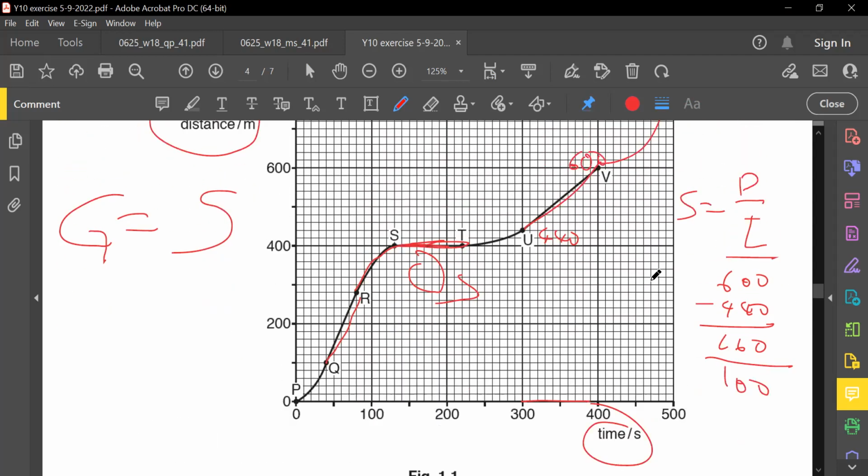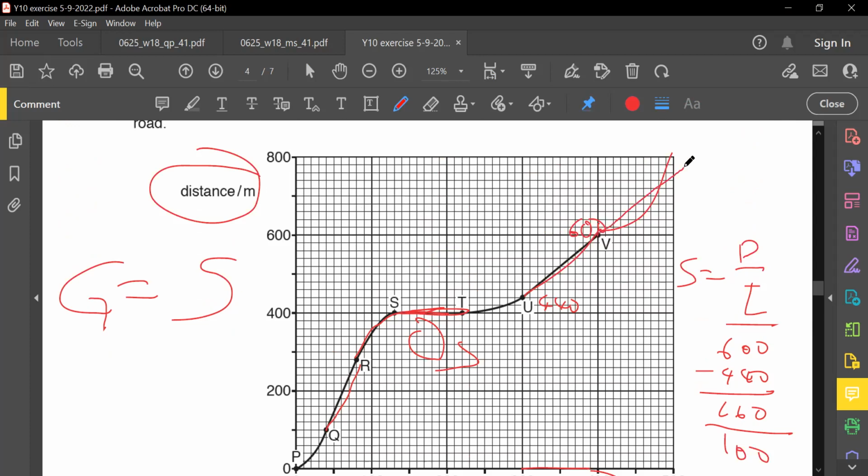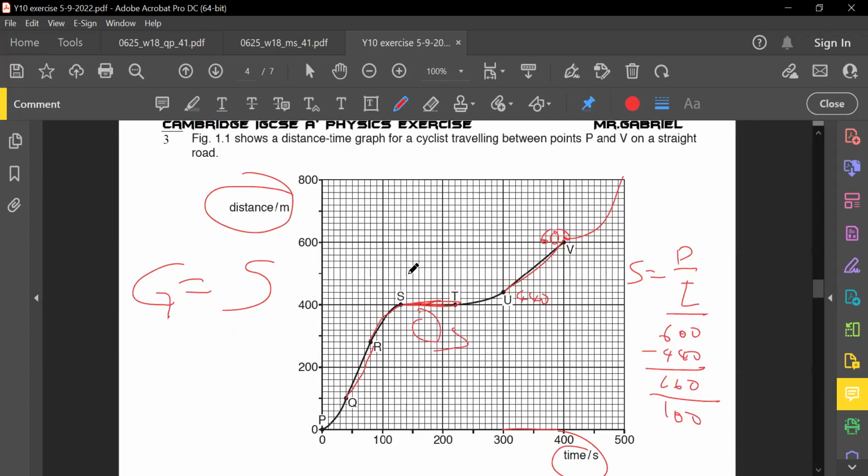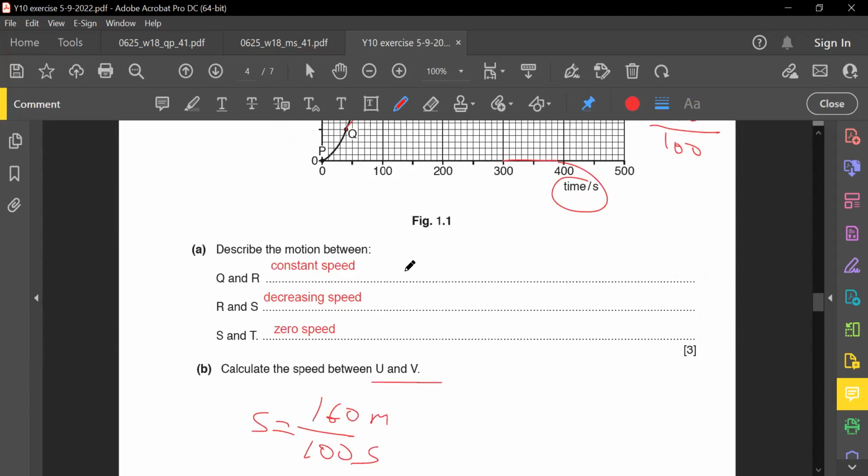If you only drew a straight line, you would be saying it's moving at constant speed. It must curve upwards: increasing gradient, increasing speed. Always remember that. Okay.